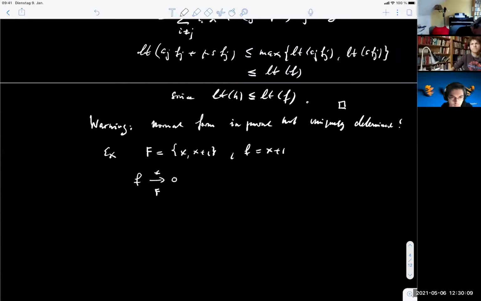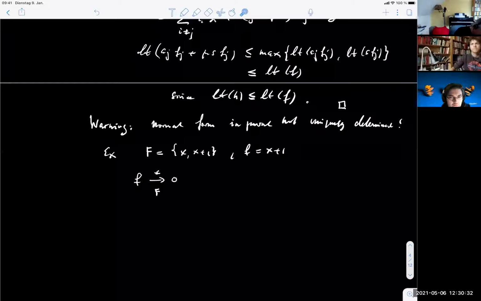Well, the point with this reduction is always which of the polynomials to take. If I take this polynomial, I compare: the leading term here is x, and here the term is x, and then I subtract x plus 1 minus this, I get 0. I get it in one step.